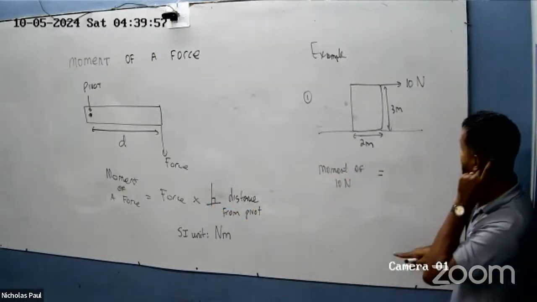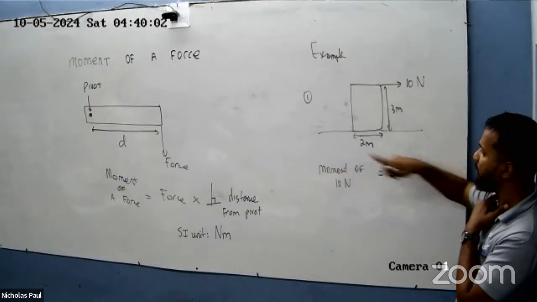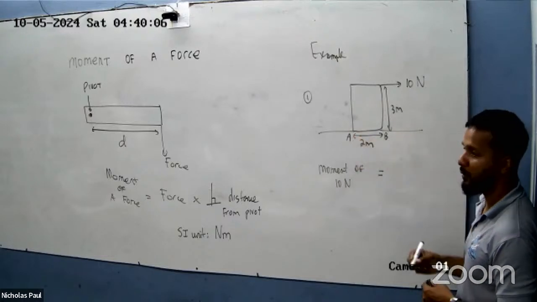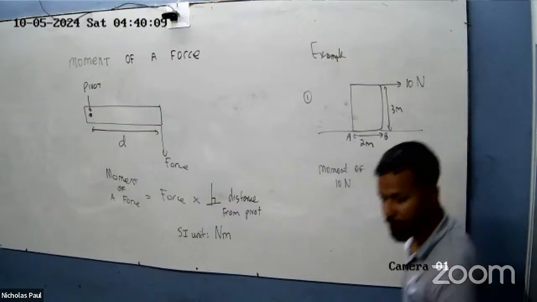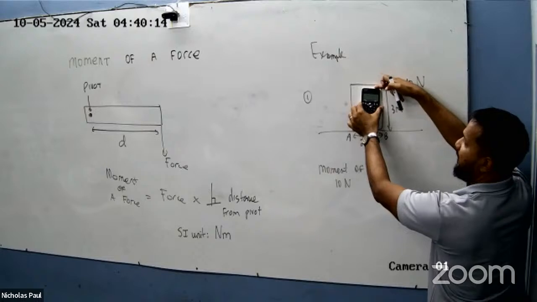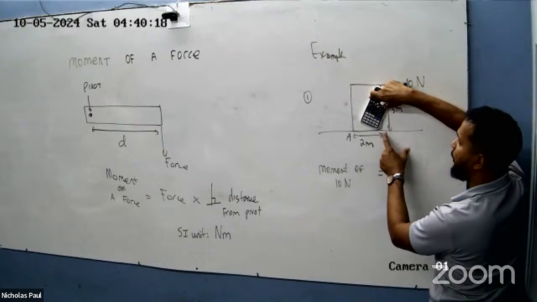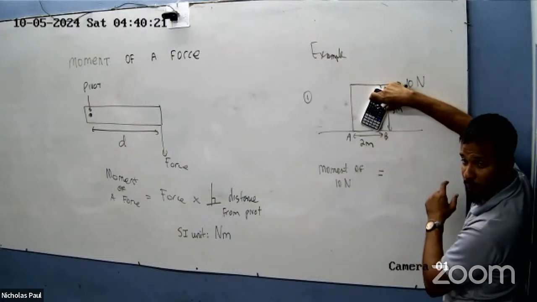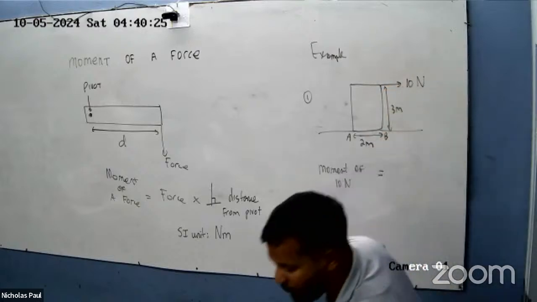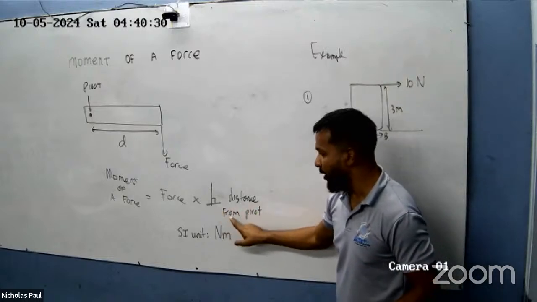So quick question. If I were to apply a force here, where will the pivot be? At the point A or at the point B? At a particular object here, and I apply a force here, it should pivot right here at point B. That's okay? So the question is, what is the perpendicular distance from the pivot?